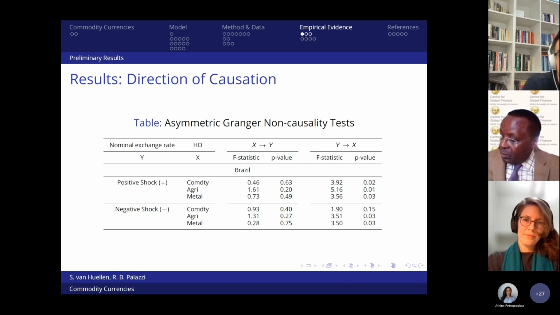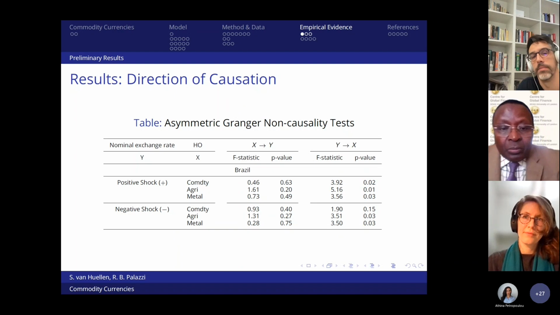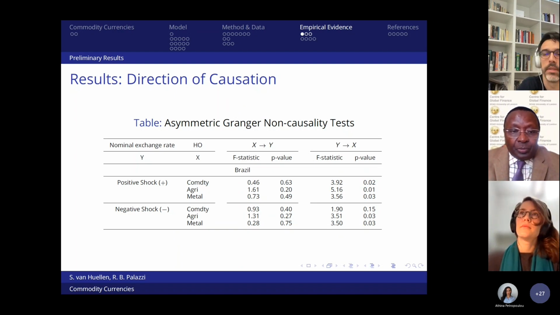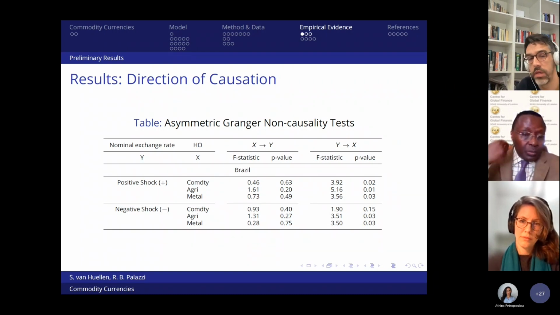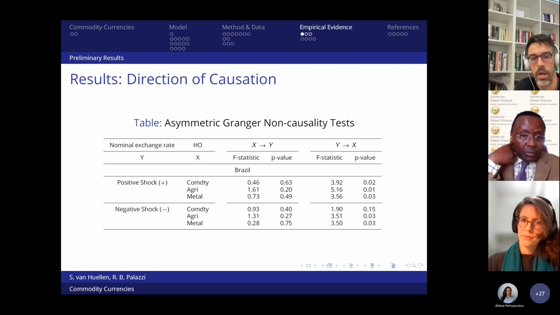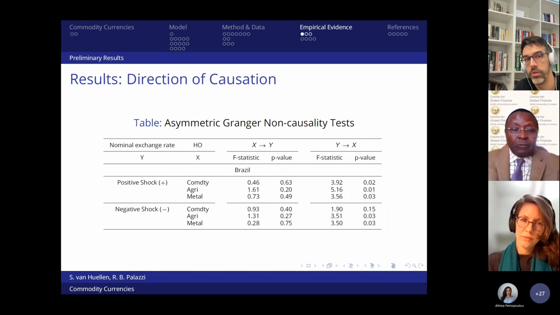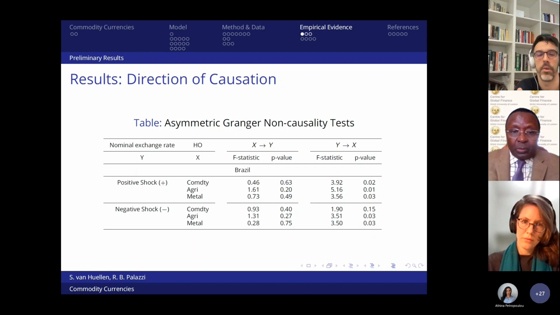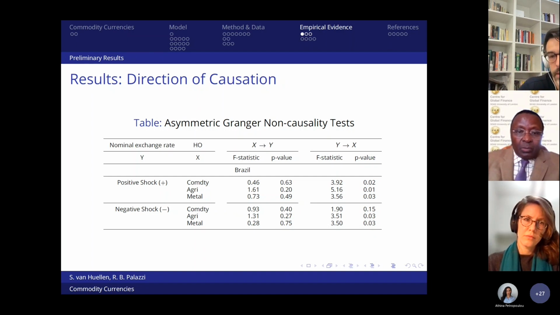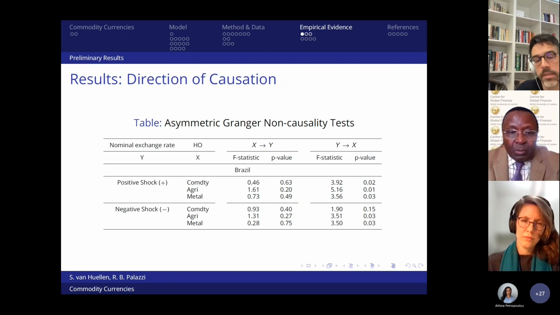Here's the empirical part I'm going to start talking about, and Sophie will join me to explain a little bit of the results. Basically, for the symmetric Granger causality, if compared to other countries, for Brazil we have a unidirectional symmetric Granger causality from the exchange rate to the commodity index.